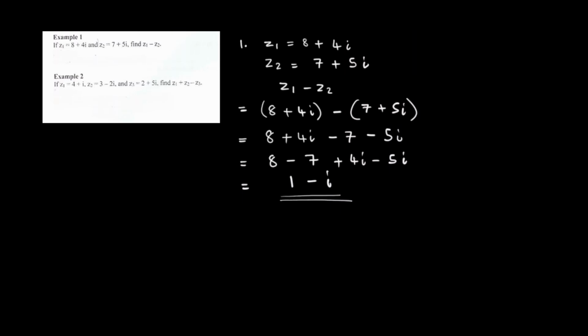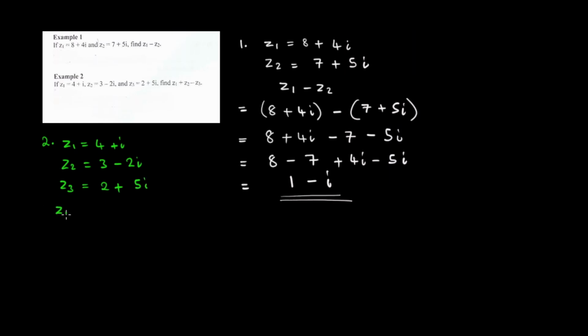Let us do our second example, which is example number 2. Saka number 2 yatiudza if z1 is equal to 4 plus i, z2 is equal to 3 minus 2i, z3 is equal to 2 plus 5i.